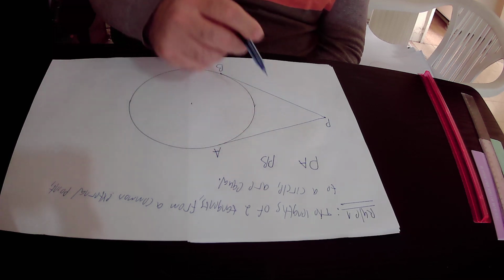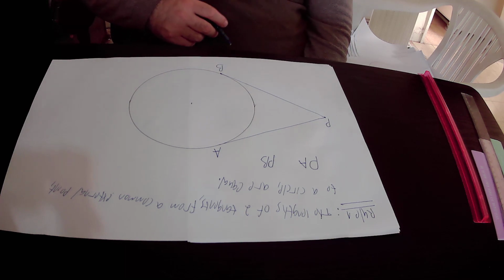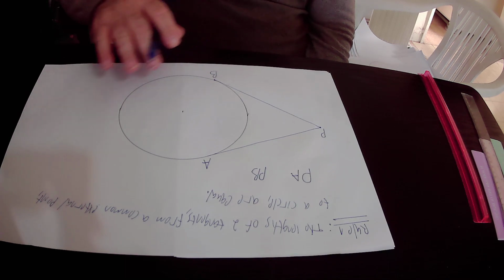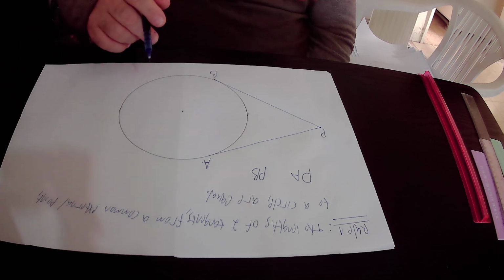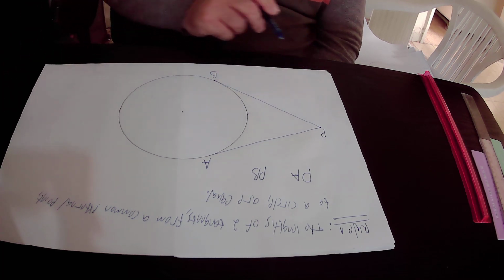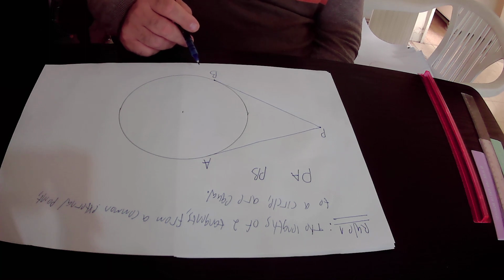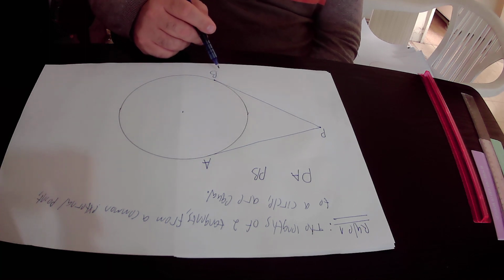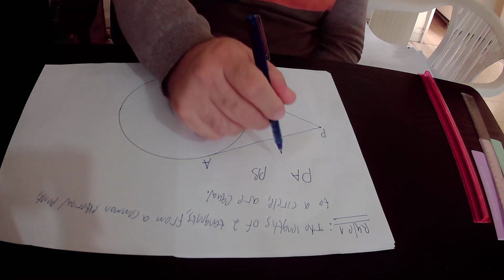The lengths of two tangents from a common external point, which is point P, to a circle, to points A and B, are equal. That is to say, PA is equal to PB.